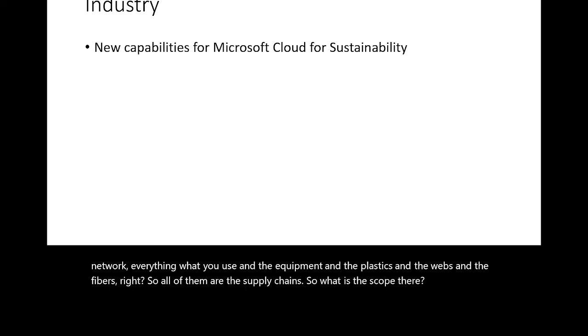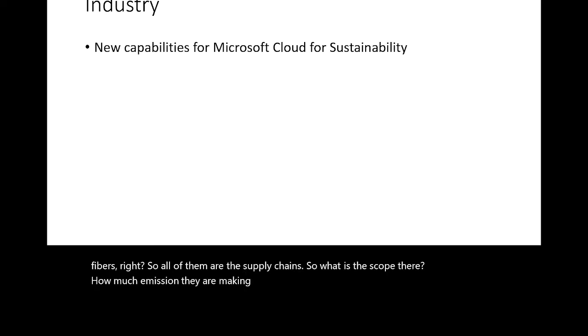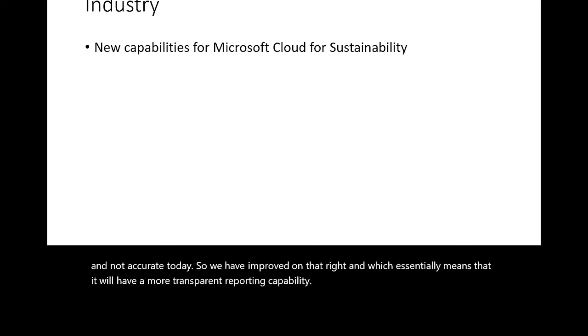So what is the scope there? How much emission are they making? That's the calculation which is the most complicated and not accurate today. So we have improved on that, which essentially means that it will have a more transparent reporting capability. The emission impact dashboard for Microsoft 365 is now generally available.